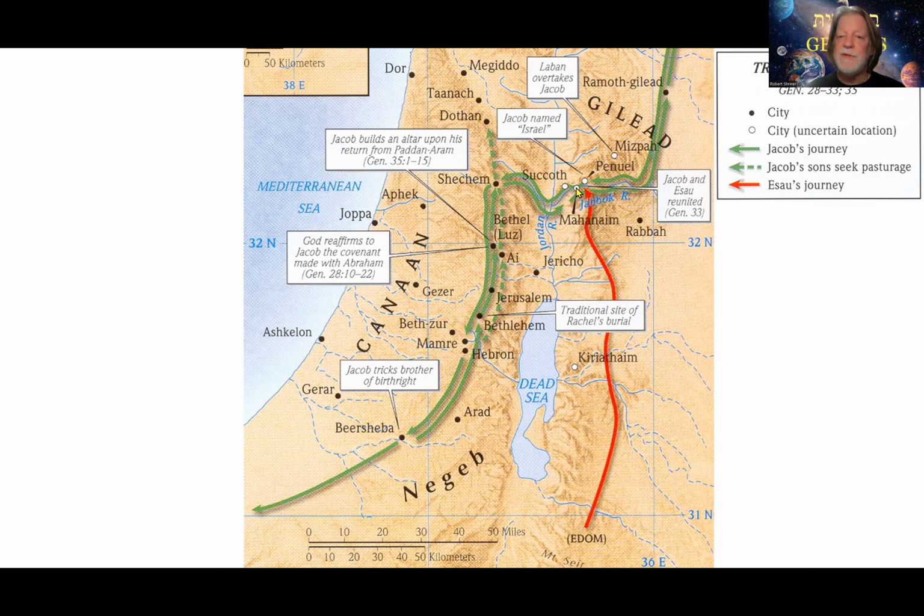And then also on this map is a place called Mahanaim. Hanan is the word for camp, to camp. And if you want to change the verbal root into a noun, one of the ways you can do that is to add a mem or an im sound at the beginning.